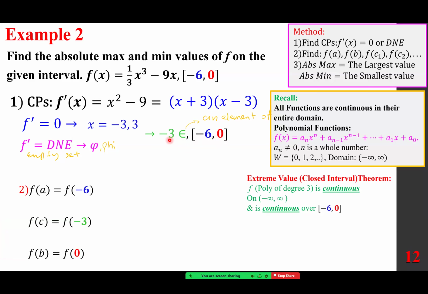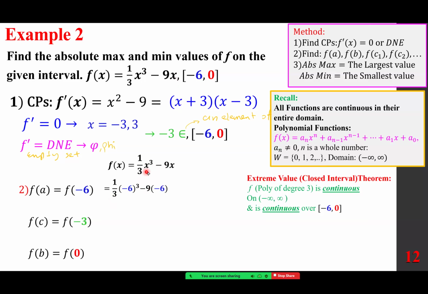So we write the original function, f of x equals 1/3 x cubed minus 9x. And we plug in -6 and evaluate it for the first part. We get 1/3 times -6 cubed minus 9 times -6.